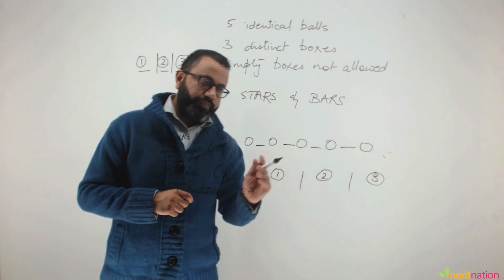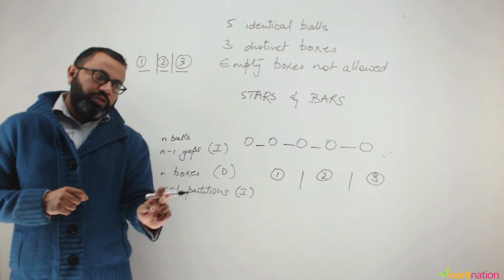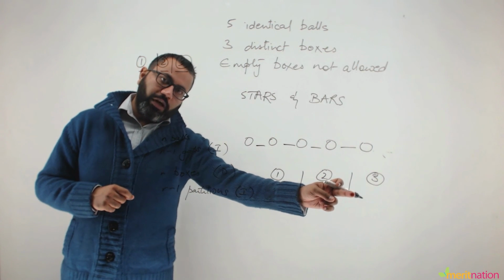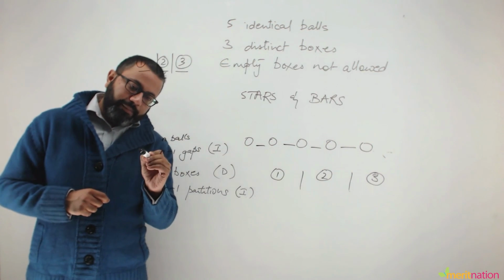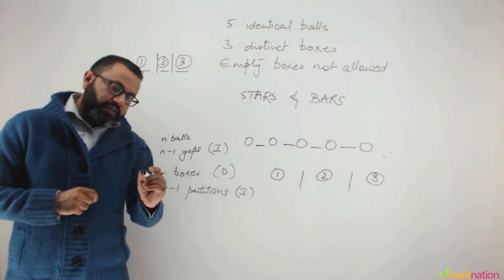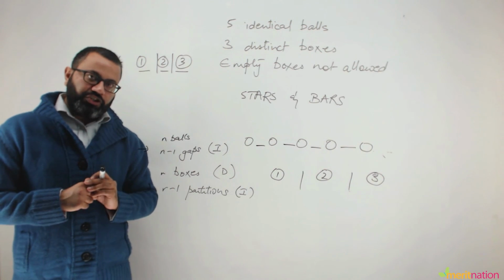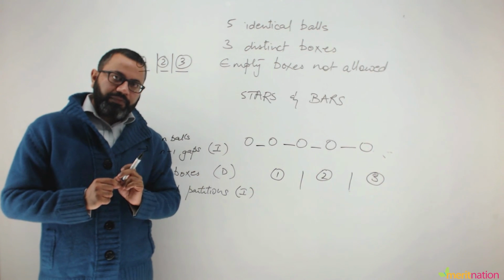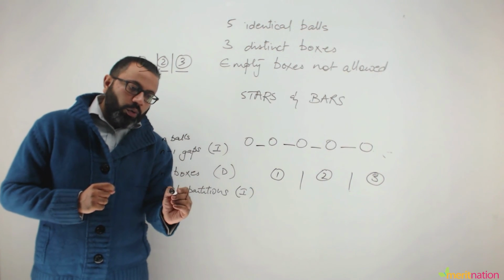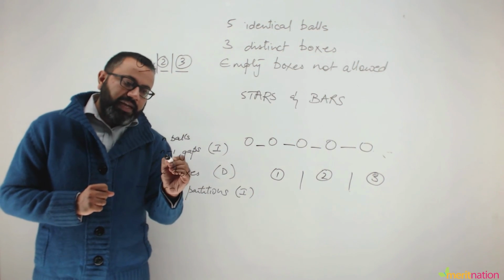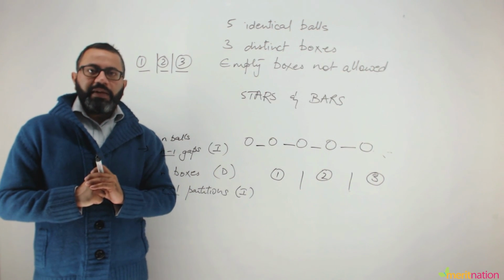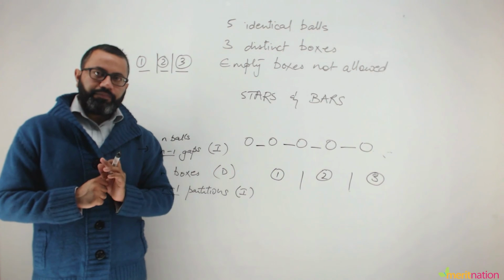What we need to do is select some gaps in which these partitions need to come. We have n minus 1 gaps, we have r minus 1 partitions, and since one partition can come in only one gap, we only need to select r minus 1 gaps out of n minus 1 gaps in which to place one partition each.